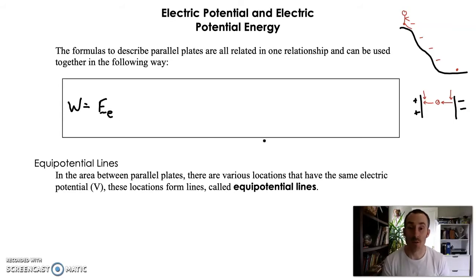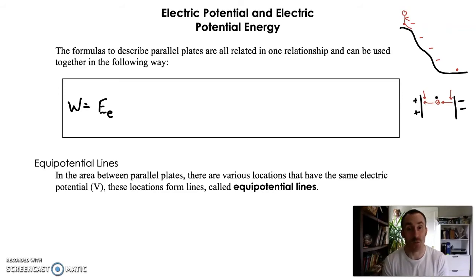Okay, assuming that we're starting at a position of no potential energy, so over here, if you would move this negative charge this way, you would be giving it electric potential energy. Okay, and so the amount of work that you do, the amount of energy that you add, is equal to the amount of electric potential energy this charge will have at whatever location you leave it at.